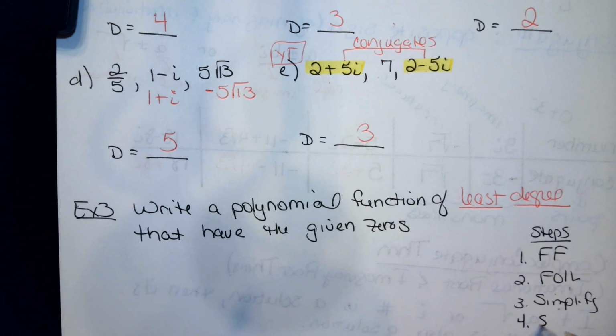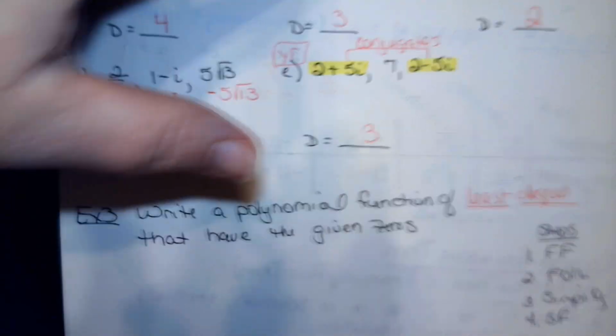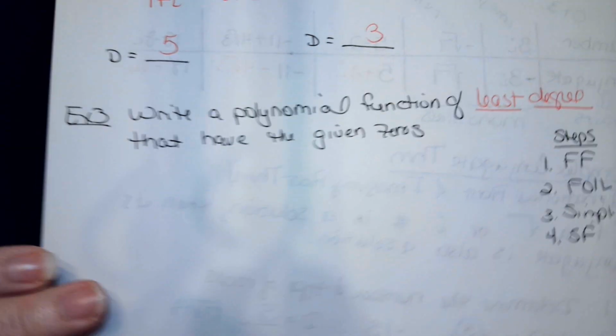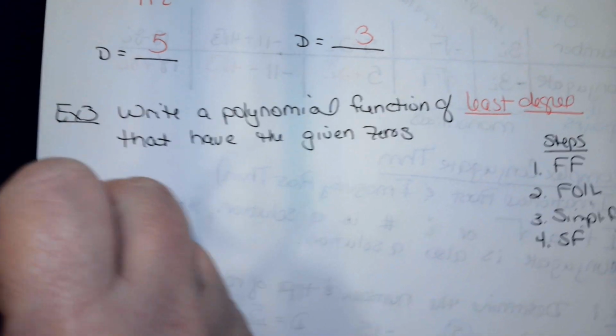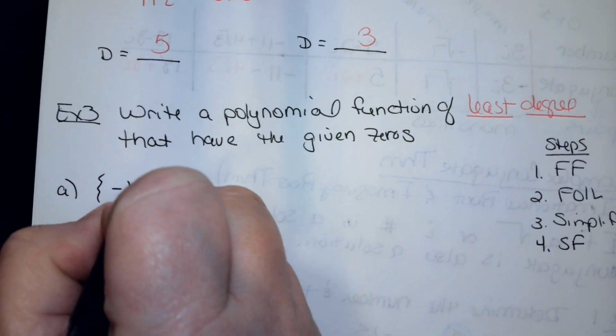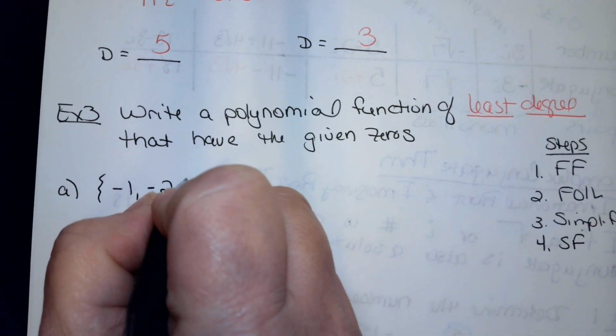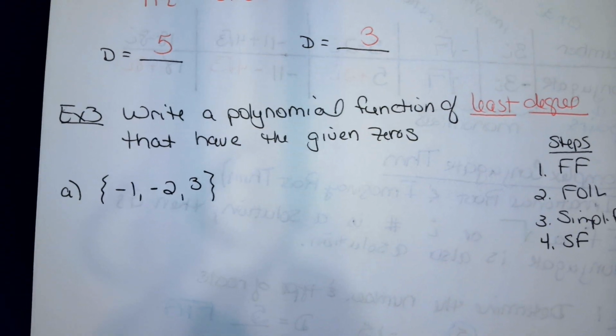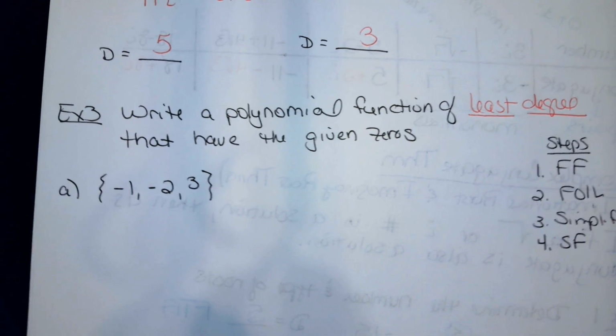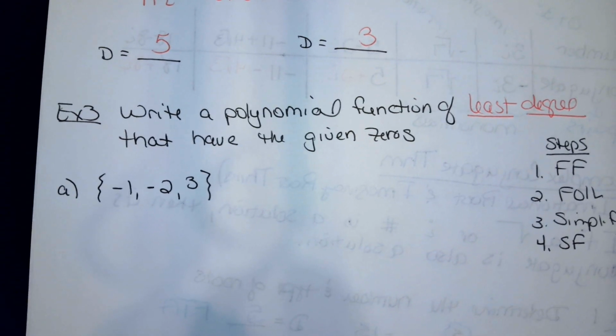Now, these are going to have the same steps as we did the other day from the other lesson. The only thing that's different is that we're going to have to know that if they give us an imaginary or an irrational, its conjugate is also a solution.